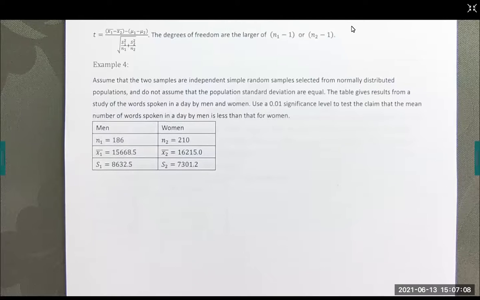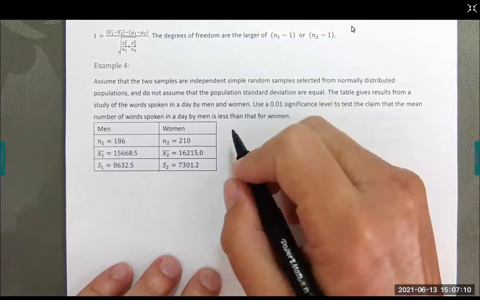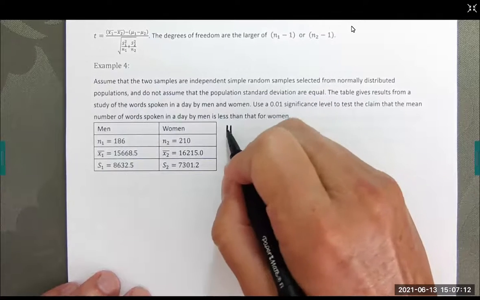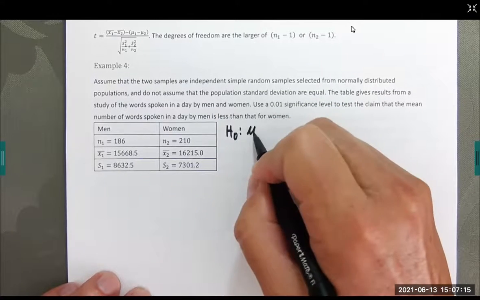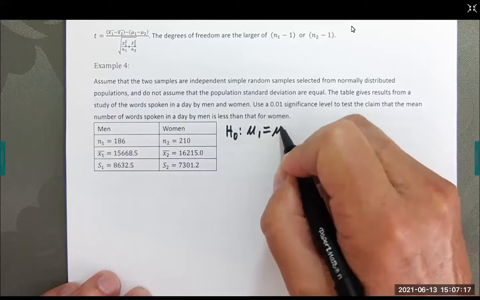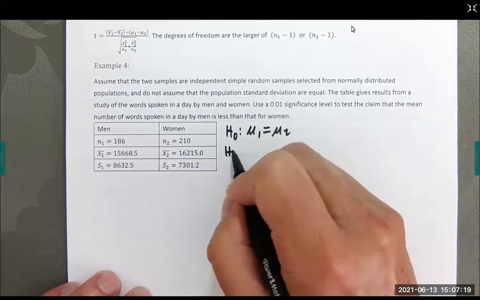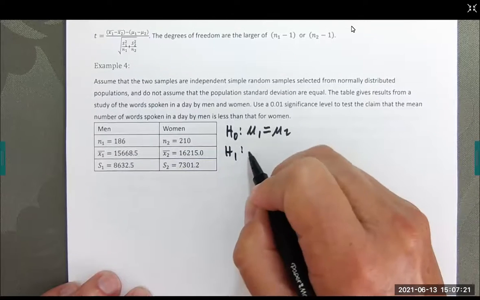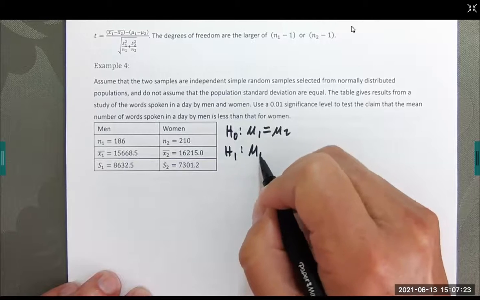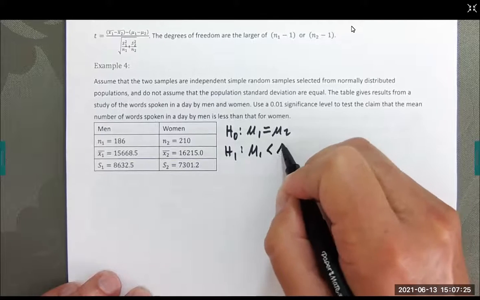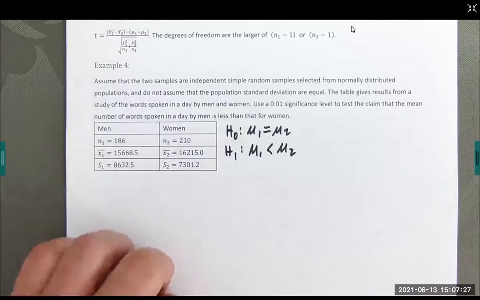All right, so let's write down our hypotheses. Of course, assume that the means are already equal for the null hypothesis. The claim is that men speak fewer words than women.